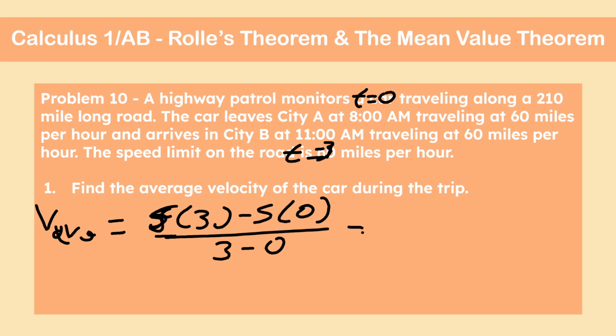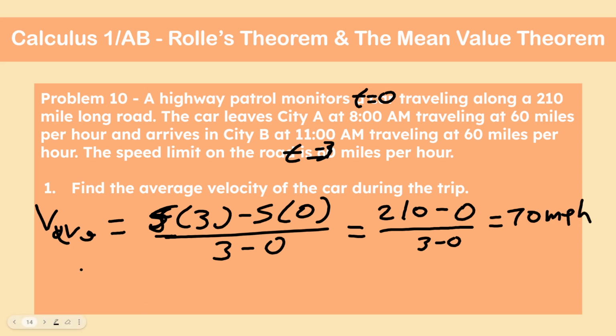So when we reach the end after 3 hours, we're going to be at 210 miles away. At the beginning, we just started traveling, so we're at 0 miles, and 3 minus 0 is going to be equal to 70 miles per hour, which will be our answer to the first part.